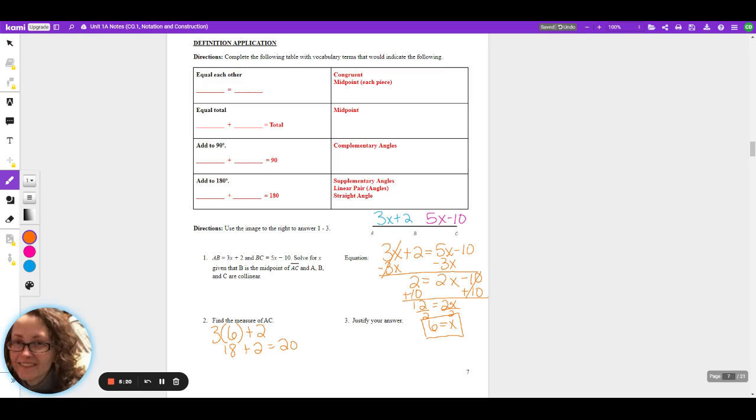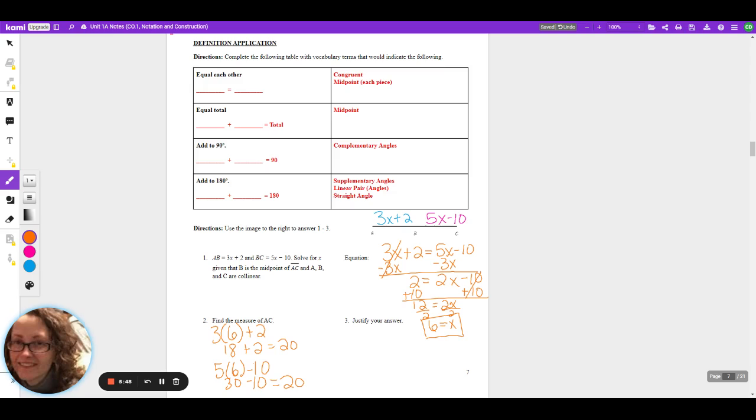If we do the same thing with our 5x minus 10, we have 5 times 6 minus 10. 5 times 6 is 30 minus 10 is also equal to 20.